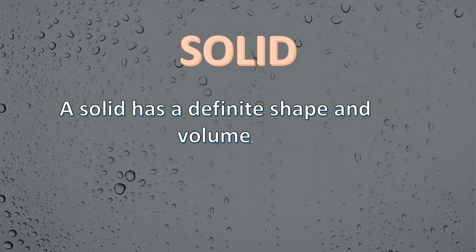At present, there are 5 states of matter, but let's talk about the first 3 states. The first is solid. What is solid? A solid has a definite shape and volume.